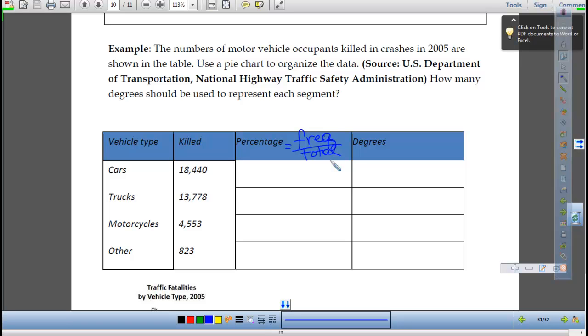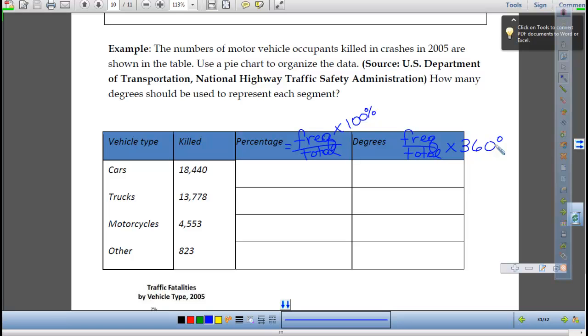And if we really want a percentage, we have to say times 100%. For the degrees, we do the frequency over the total times 360 degrees. We want to know what portion of the 360 degrees that makes up a full circle we need to assign to each category.